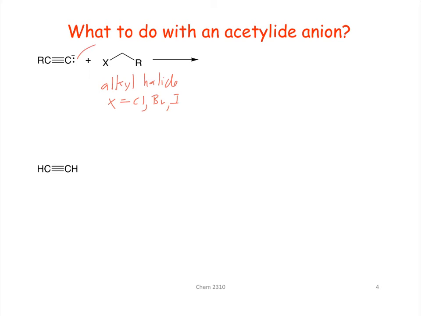This pair of electrons reacts at the carbon, right? Why would it go to the carbon? It goes to the carbon because the halogen is more electronegative, and that leaves a delta plus on the carbon. So the minus of the acetylide anion gets attracted to the plus part of this carbon-halogen bond.